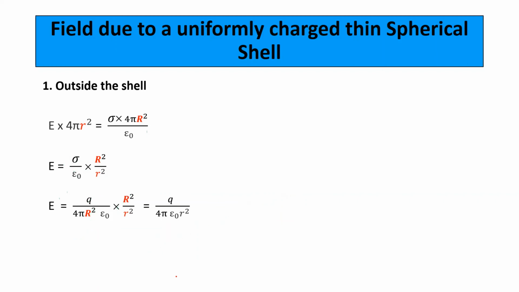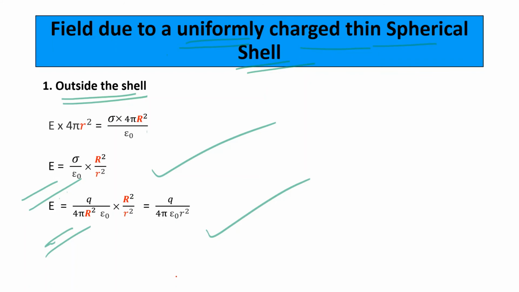You can remember either this expression or this one. This is the electric field due to a uniformly charged thin spherical shell. For outside the shell, the expression is sigma by epsilon naught into R squared by r squared, or Q by 4 pi epsilon naught r squared.